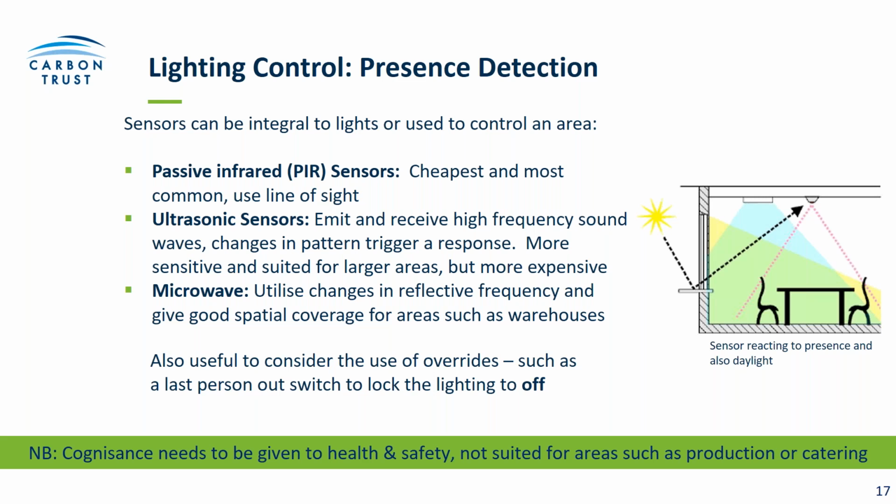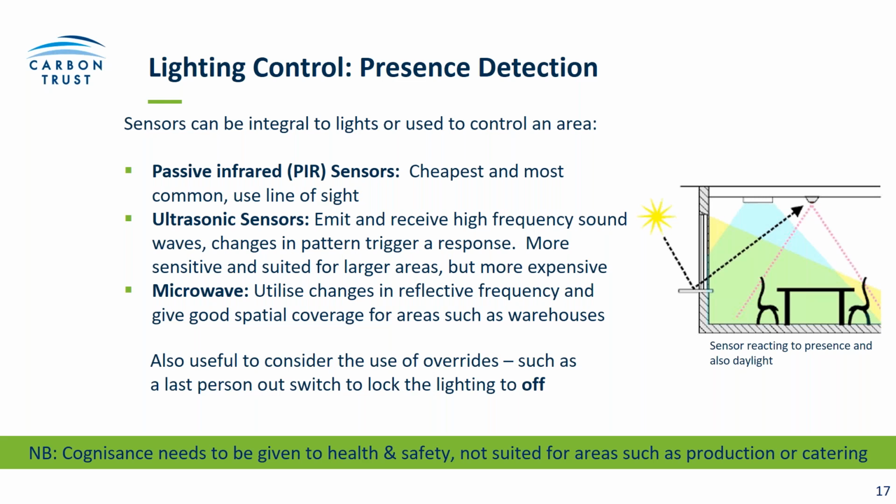Ultrasonic sensors would emit and receive high frequency sound waves and pick up any changes to trigger a response. So they'd be more sensitive and would be suited for larger areas, but tend also to be more expensive. And microwave detection similarly would have a slightly different approach.